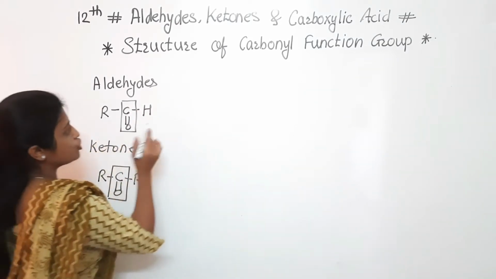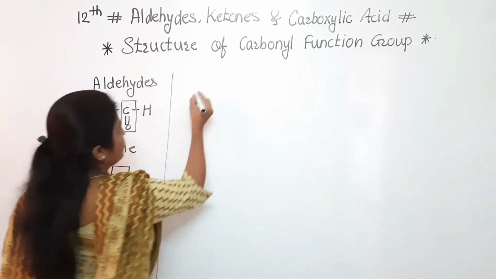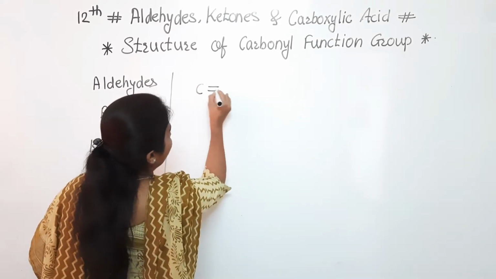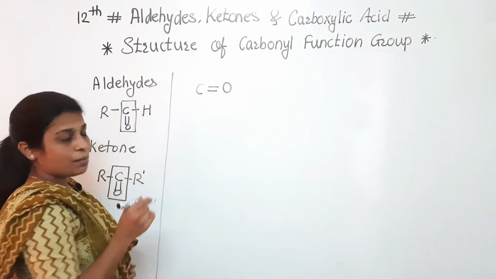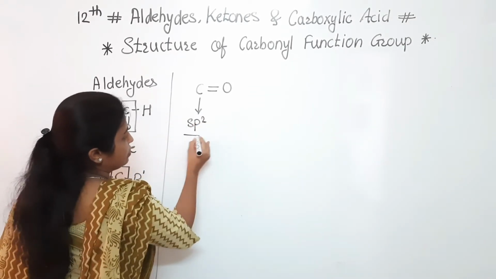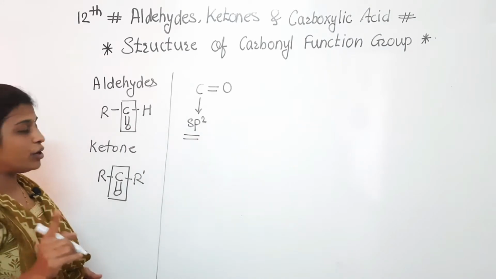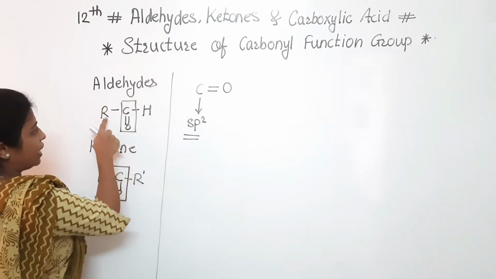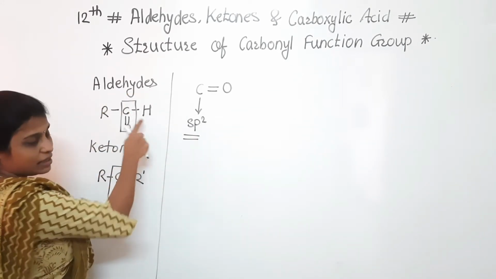Firstly, we should know that in this group carbon is forming a double bond with oxygen, which means the carbon is sp2 hybridized. First point clear to everyone? Listen carefully. In an aldehyde, one side has an R group and the other side hydrogen.